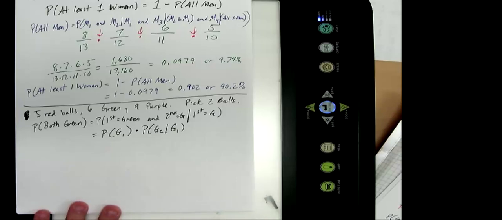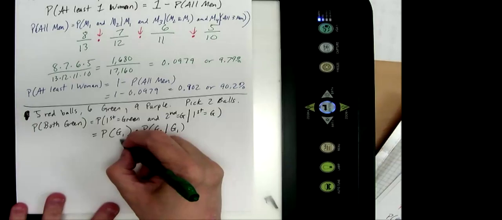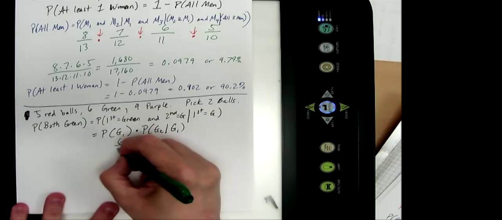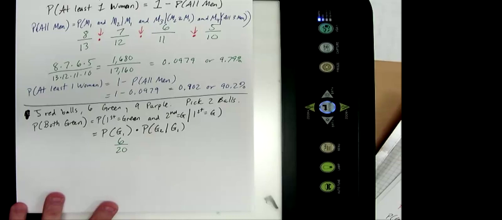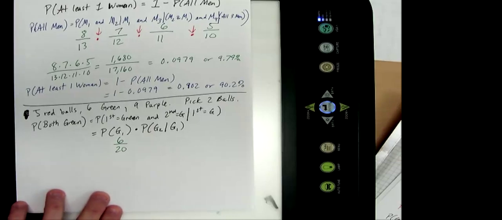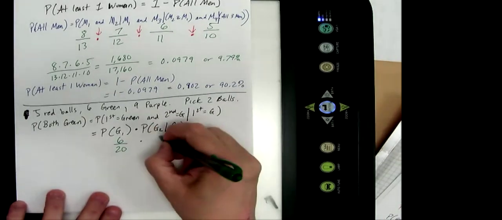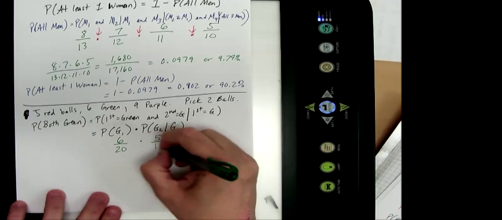We said there was 20 balls. So the first ball being green, there was 6 out of 20. And just like we saw in the last one, we dropped this down by 1 and dropped this down by 1.